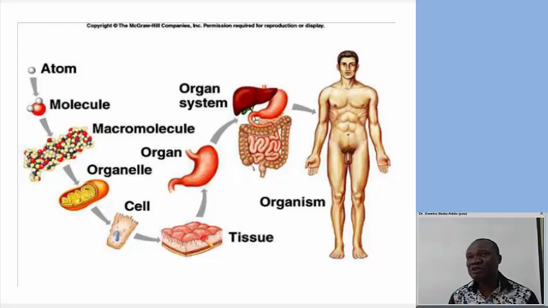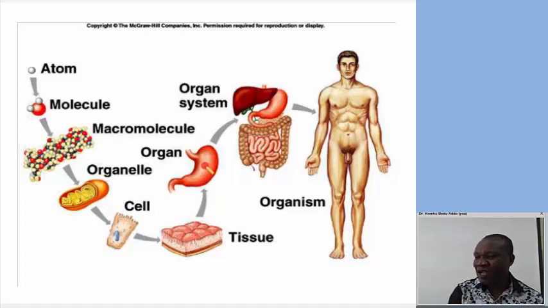Now, different tissues will come together to form an organ. So the tissues come together to perform a particular function, and here we would have an organ. Examples of organs: kidneys, lungs, heart, the GI tract, the eyes. These are all organs. Then organs will come together to form the organ system.